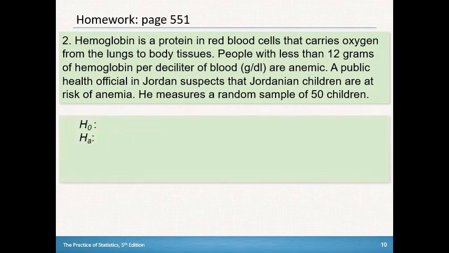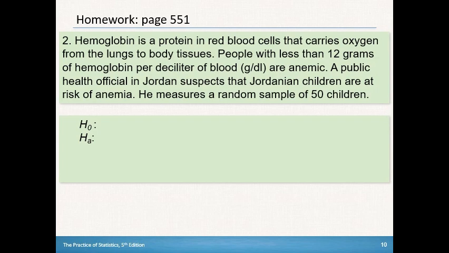All right, let's try number 2. Hemoglobin is a protein in red blood cells that carries oxygen from the lungs to body tissues. People with less than 12 grams of hemoglobin per deciliter of blood are considered anemic. A public health official in Jordan suspects that Jordanian children are at risk of anemia.